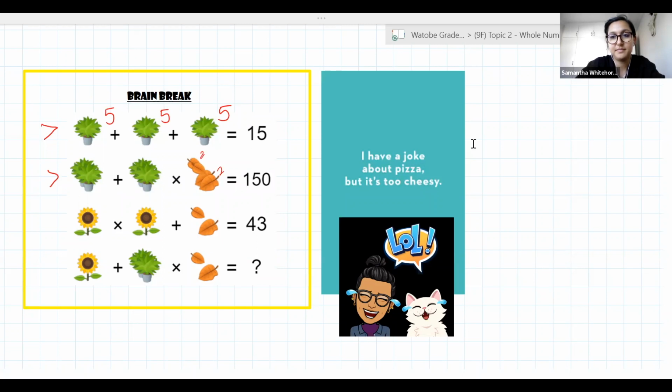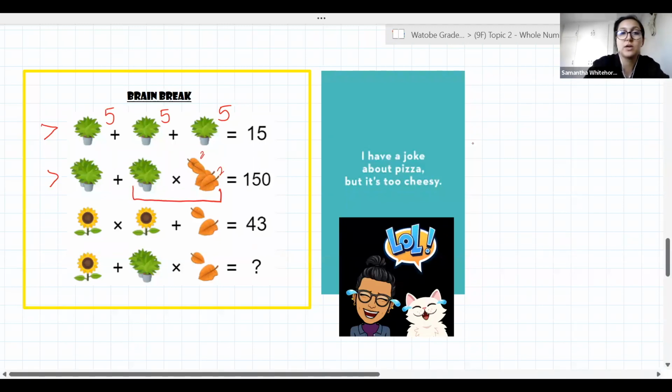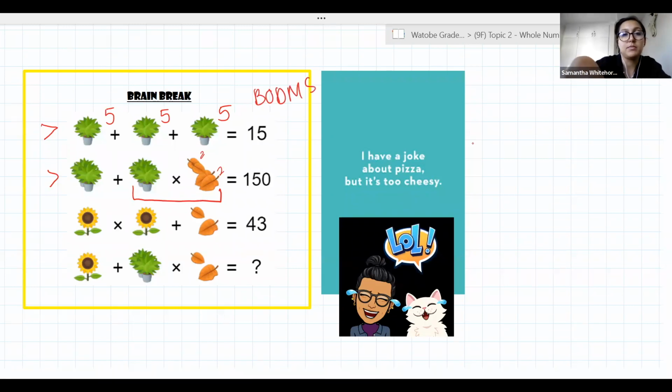Or I think it's 5 plus 5 times 5 times 5. 5 plus 5 times 50. Okay, really close, but remember we have to do the multiplication first. That's according to our BODMAS. Now guys, remember BODMAS.